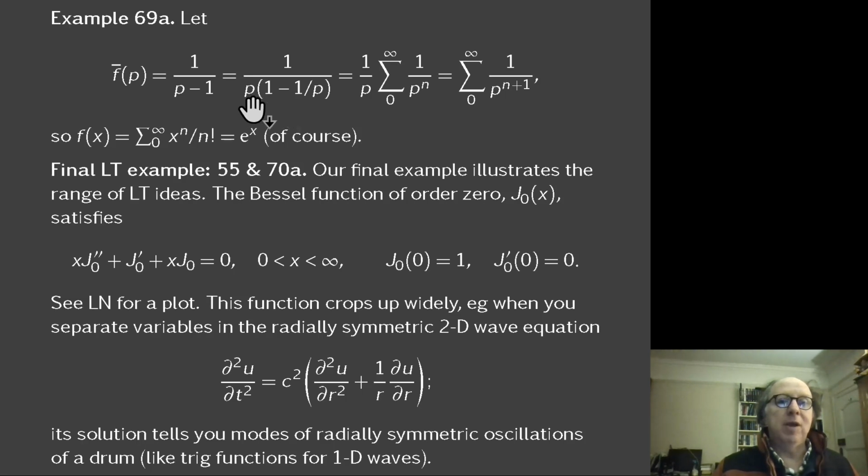So that then becomes p times 1 minus 1 over p. 1 over p is going to be small as p goes to infinity. And so this is 1 over p, the sum of 1 over p to the n by the binomial theorem, which is the sum of 1 over p to the n plus 1. And therefore f of x is the sum of x to the n over n factorial, because all the an's are equal to 1, which of course is just e to the x.